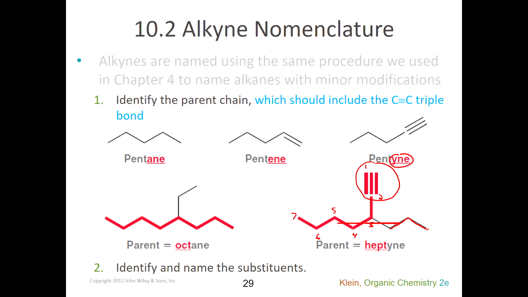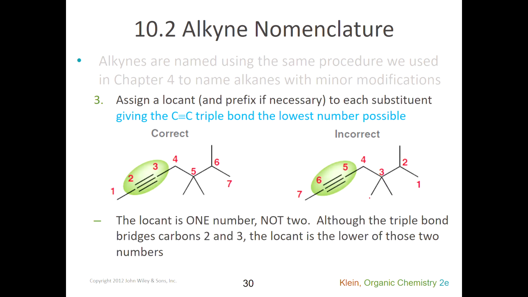So I'm looking to find the longest chain of consecutive carbons that includes the triple bond, and then I want to number it from the side that gives the triple bond the lowest number possible. That's a priority, to give that group the lowest number possible, and that's what's described here as well. So here, if I number from right to left, I can get these methyl groups 2, 3, 3, right? 2, 3, 3 trimethyl.